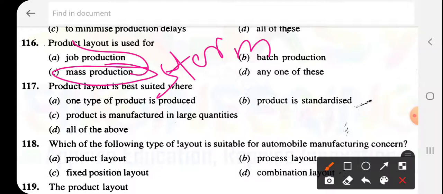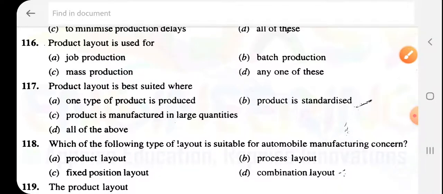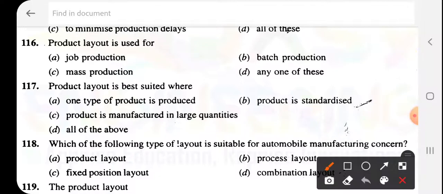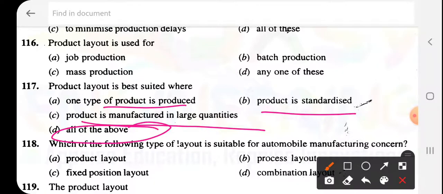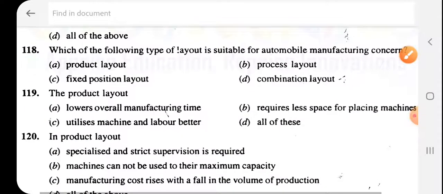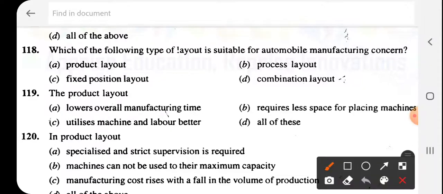Product layout is best suited where? 117 is D, all of the above: one type of product is produced, the product is standardized, and the product is manufactured in large quantity. So remember it like that. Which type of layout is suitable for an automobile manufacturing concern? 118 is A, the product layout, because we manufacture in mass production.